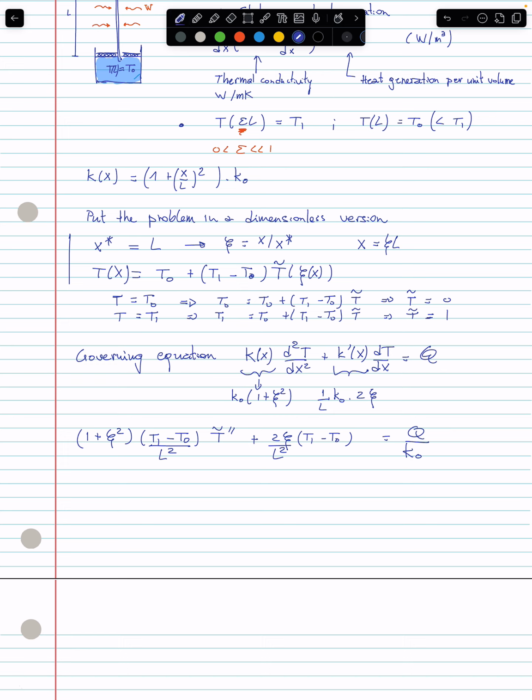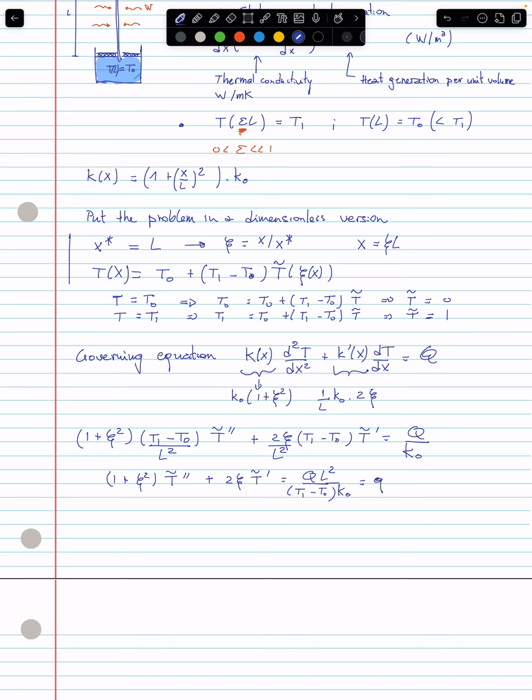All right, and so this will give 1 plus xc squared times the second derivative of t, plus 2xc first derivative of t, is equal to ql squared over t1 minus t0 and k.